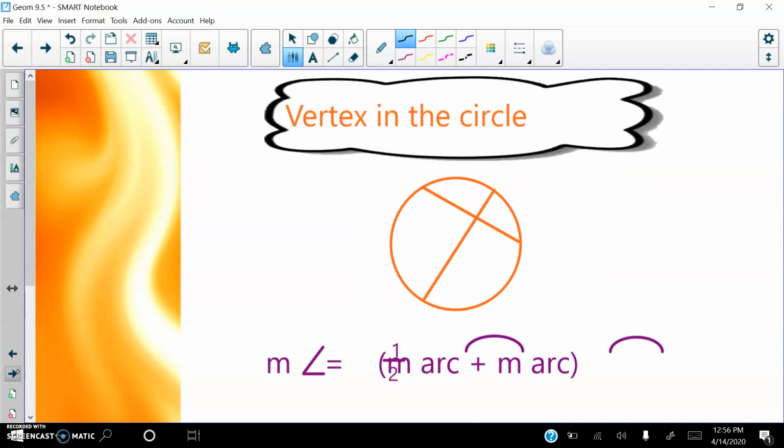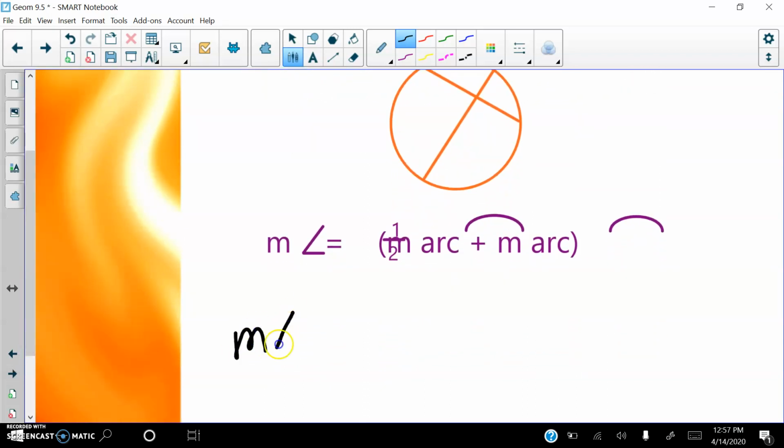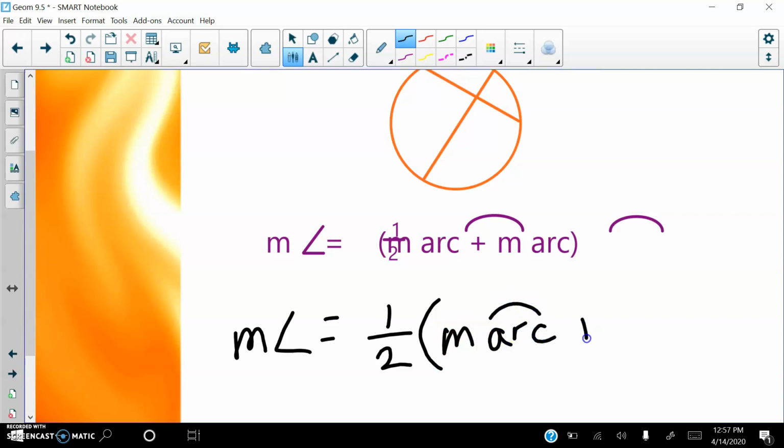So now what if our vertex is actually in the circle itself? The measure of the angle is equal to 1/2 times the measure of one arc plus the measure of the other arc.